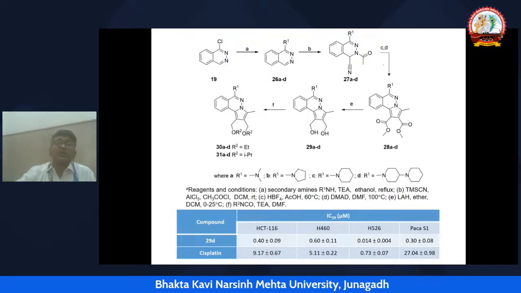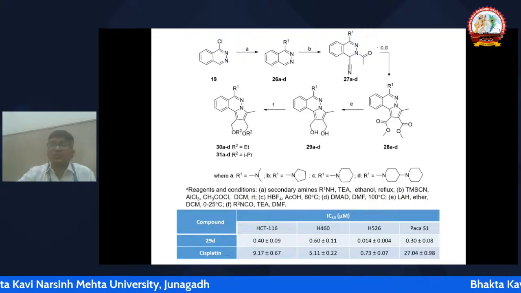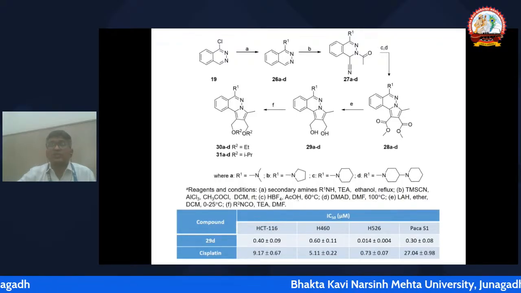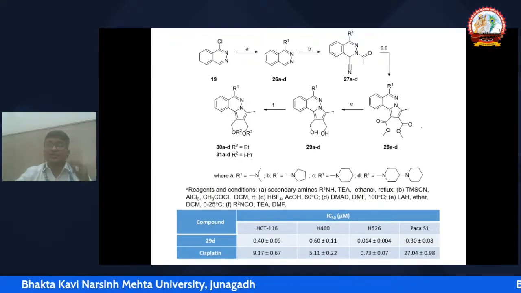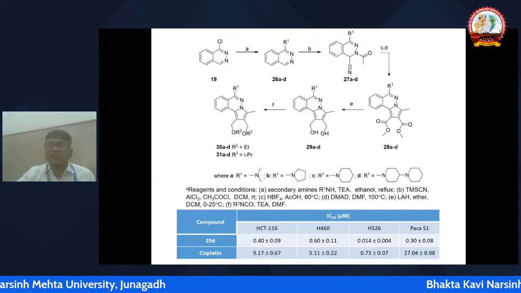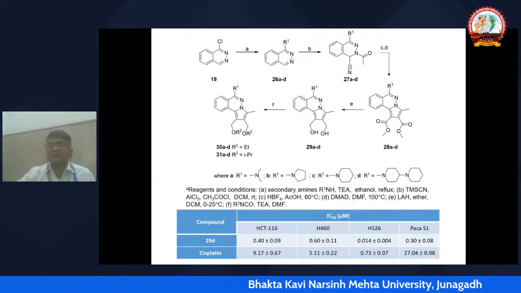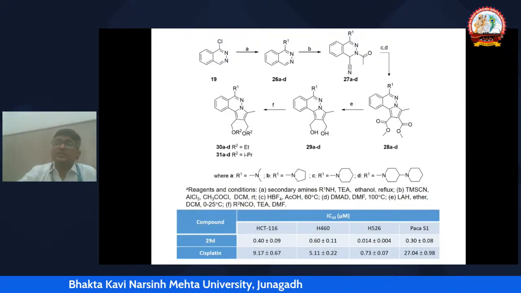So these compounds later react with HBF4 in acetic acid, and it gives a cyclic complex, which undergoes a Diels-Alder reaction with DMAD, dimethylacetylene diacetate.